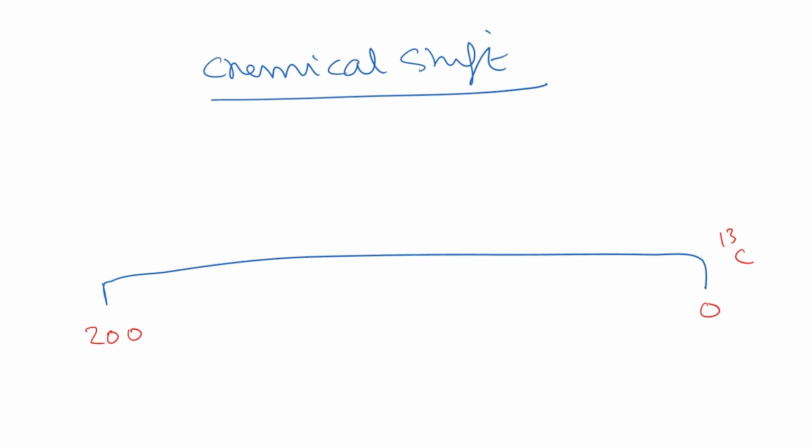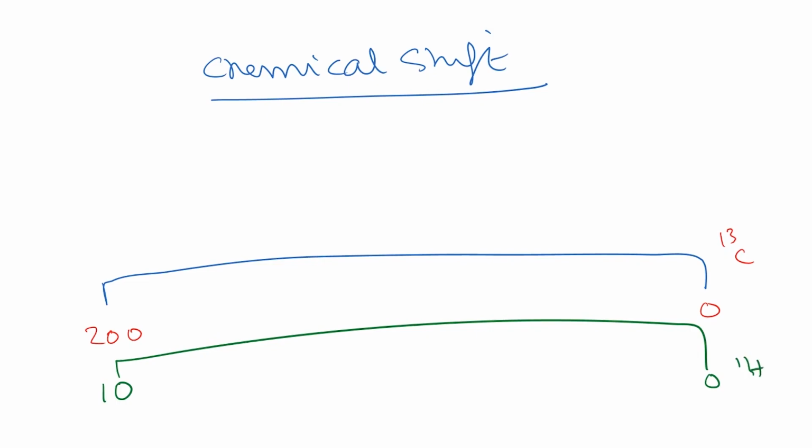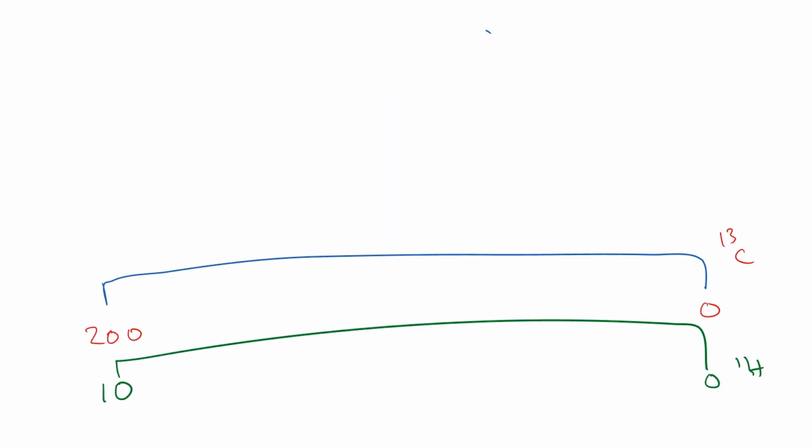Even if you do not understand too many of these concepts very clearly, when I talk about carbon 13, it is between 0 and 200, and the same scale would be between 0 and approximately, let us say, 10 for a proton NMR. So, what are the regions? If I look at a region close to 0, that region is called the lower or a small chemical shift.